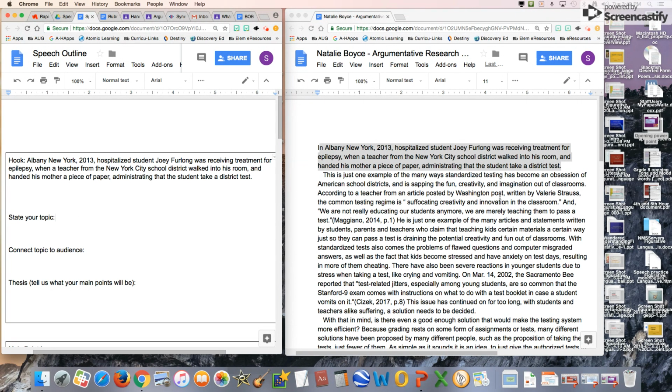And she does mention that in here. She talks about not educating students, and kids getting sick, all the problems with standardized testing. This cannot all go into this beginning. It's way too long and she can't read all this.